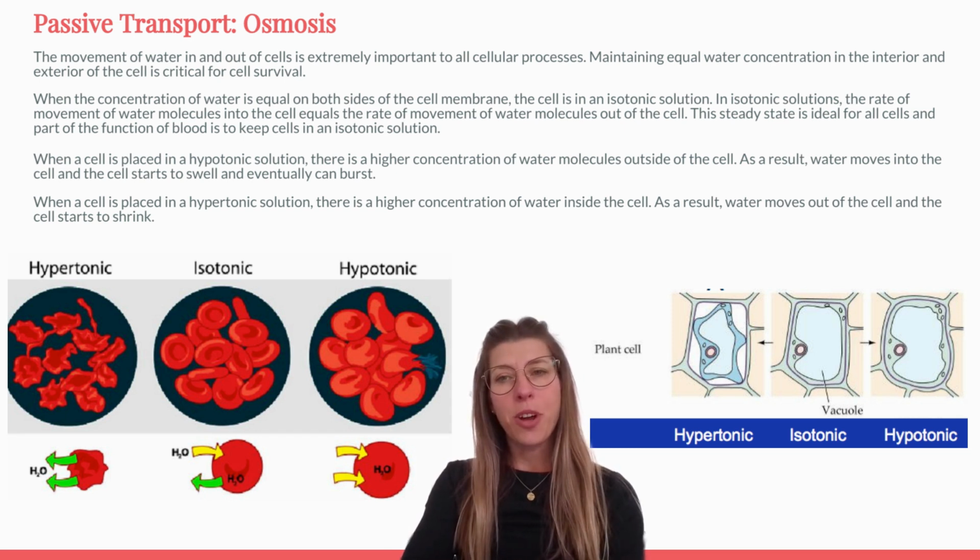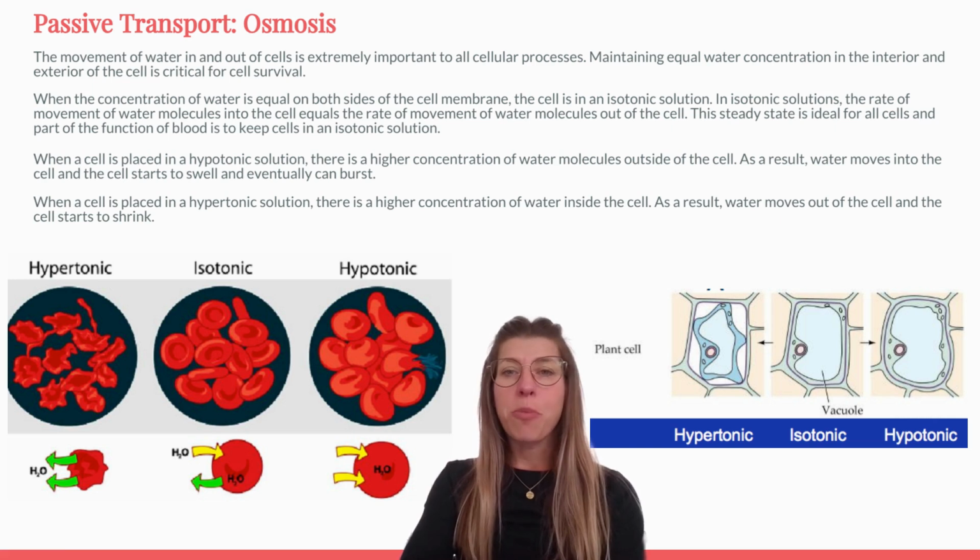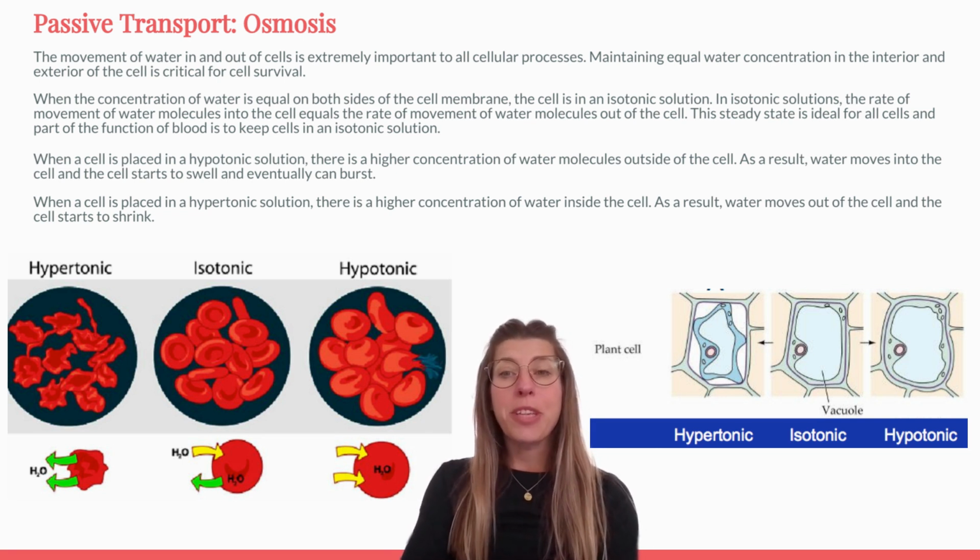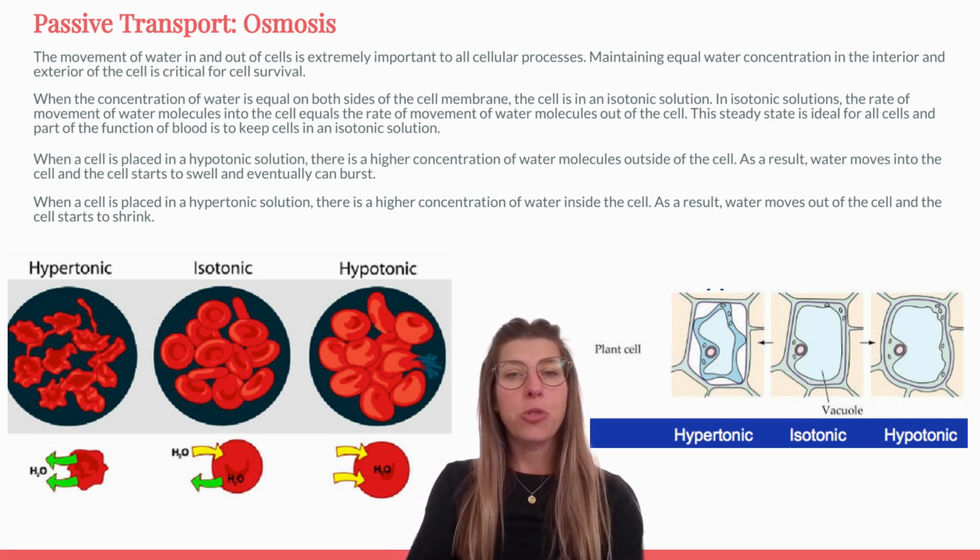As a result, the cell starts to swell and can eventually lyse or burst. You can see that in the hypotonic solution of the red blood cells on the right, as well as the hypotonic plant cell. Plant cells don't burst as easily because they have the extra structural component of the cell wall.